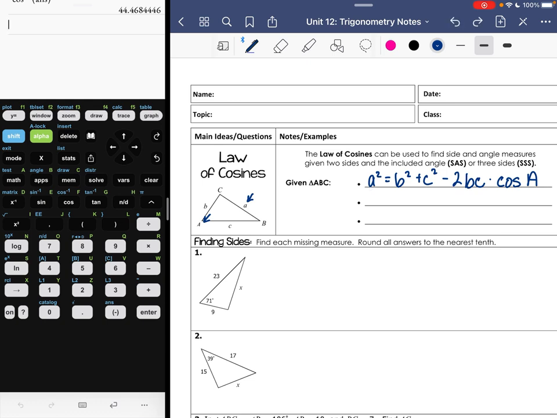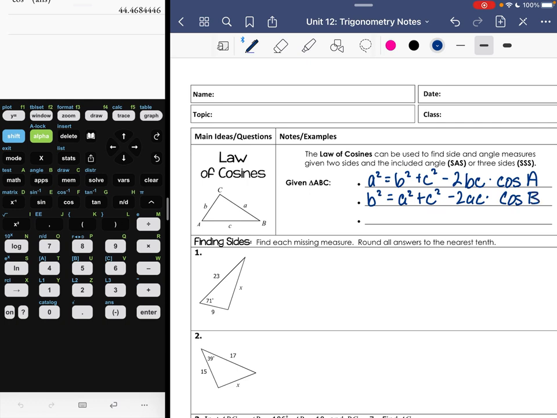All right, so then if you were trying to find b squared or big B, then you would use this version, which is still very similar.